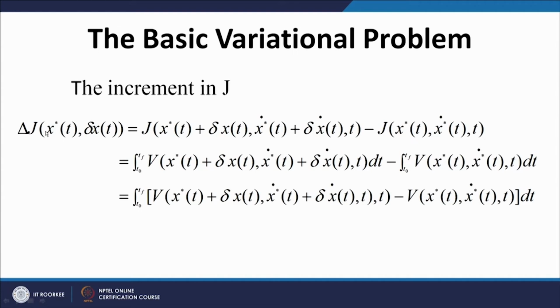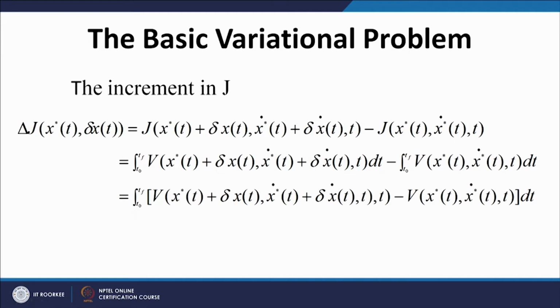So, we have considered a general form of the functional, which is a function of x star(t) as well as a function of x dot(t), and we know J is the integral of V of x star(t), x dot star(t) and t. So, this is the integral of V at x plus delta x minus V at x star.